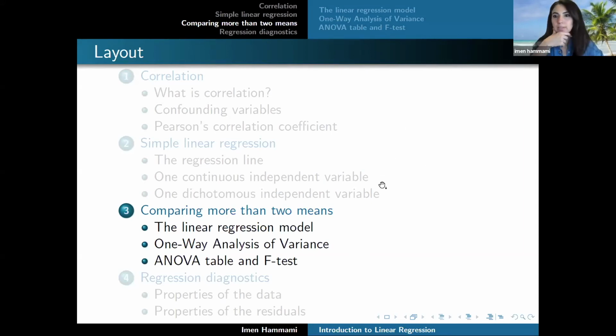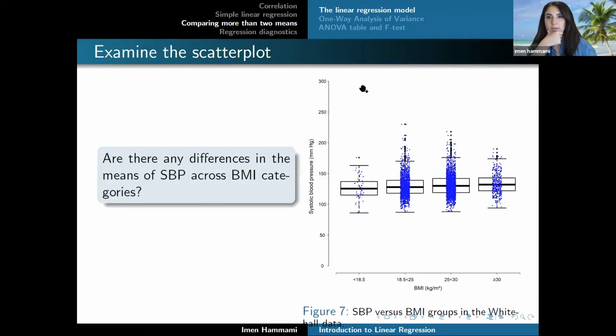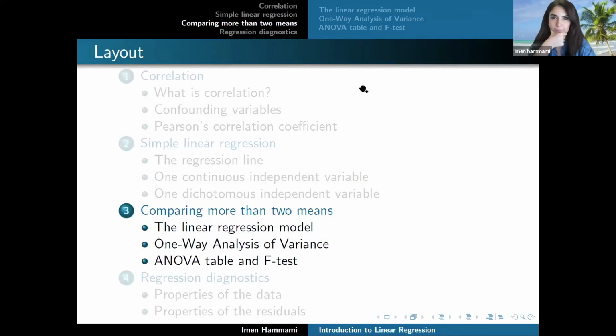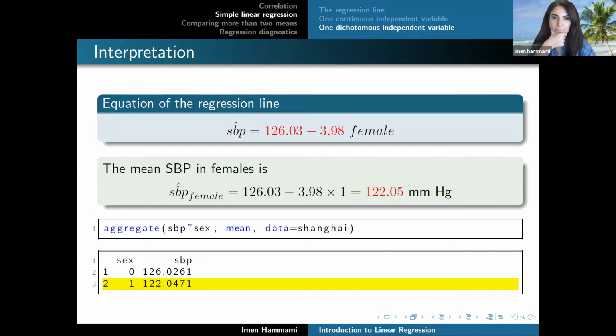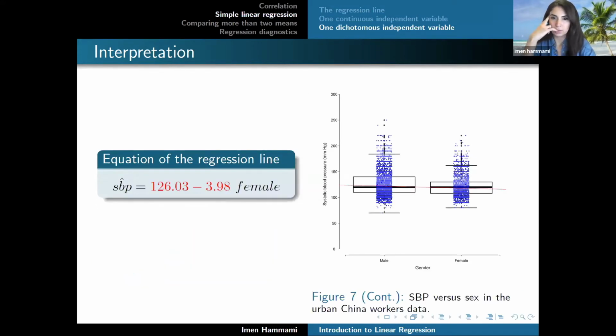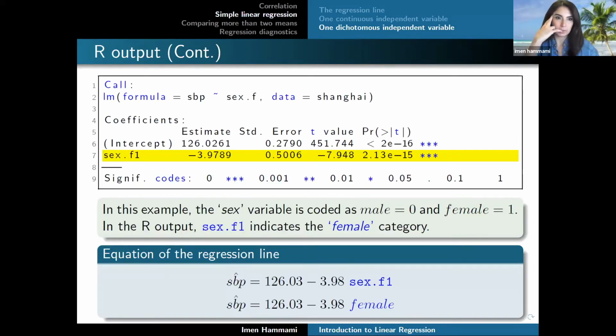Okay, so for the intercept about the sex variable, here is my output. I think outputs are very similar, whatever software you're using. You always have two rows, one for the intercept and one for sex.